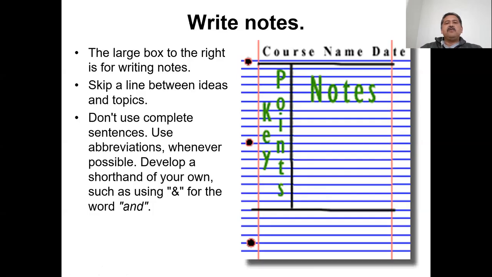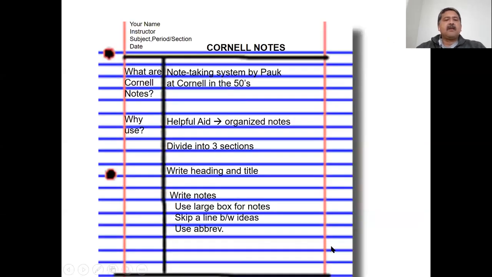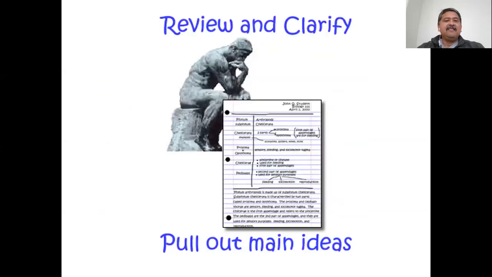As you take your notes, you'll become more and more familiar with abbreviations that you could use for your notes, and really they just need to make sense to you. So I write notes, use a large box for notes, keep a line between ideas, and use, oh, I love this, abbrev. It's an abbreviation for the word abbreviation.